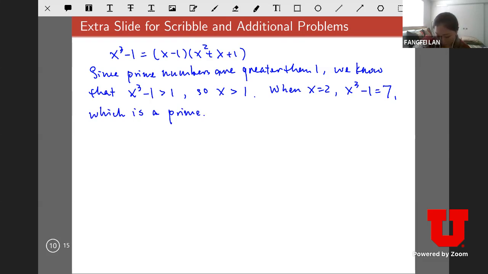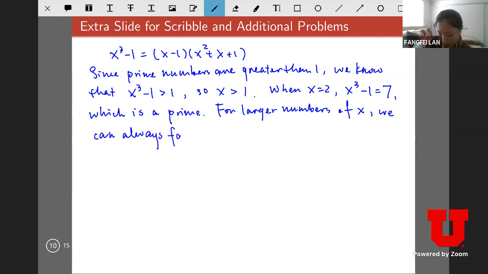And then we continue to argue for larger numbers of x. If we keep growing x, so like if we say x is equal to 3, x is equal to 4, we can always factor x cubed minus 1 from the formula above.